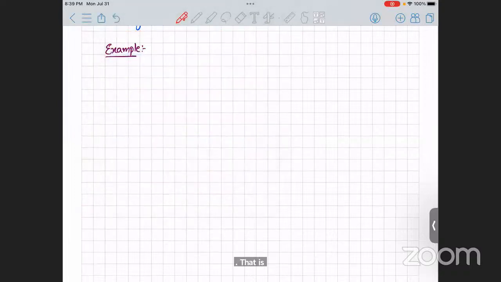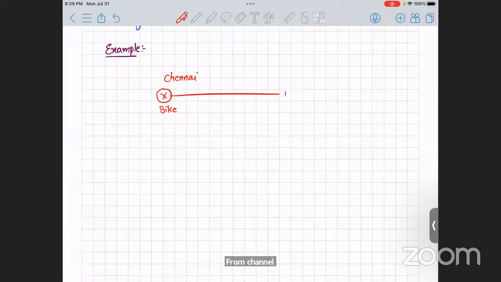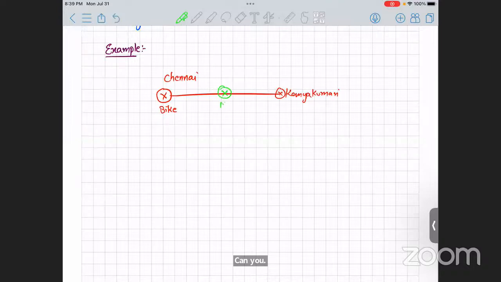Let us suppose a person is traveling by bike from Chennai to Rameswaram, Kanyakumari. In between, there is Madurai.